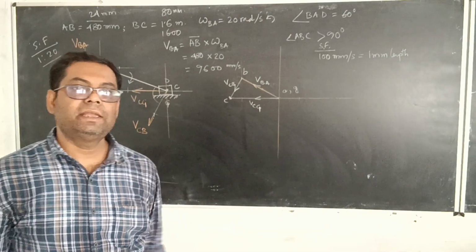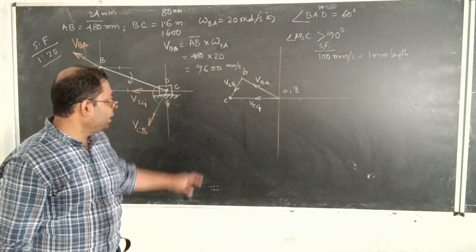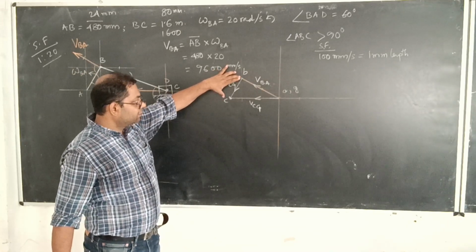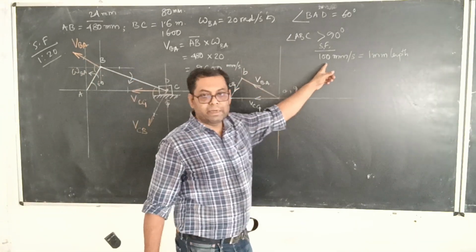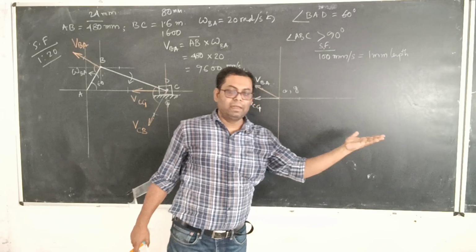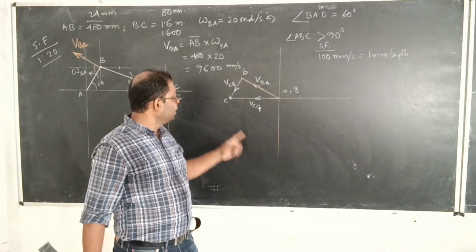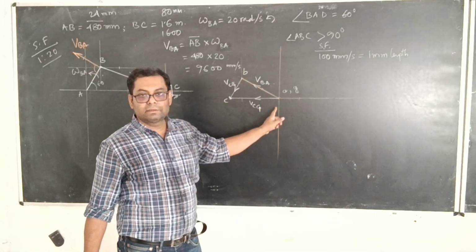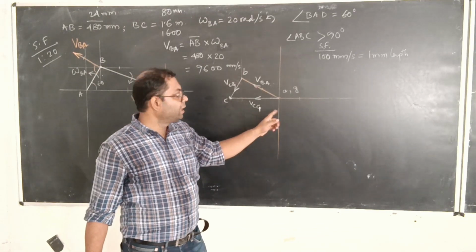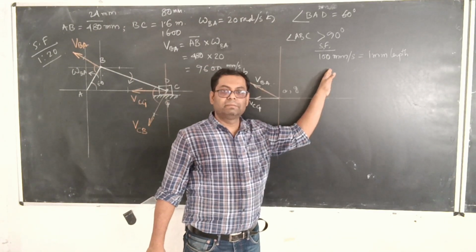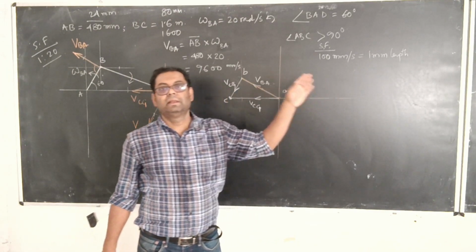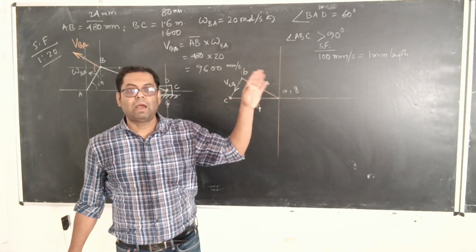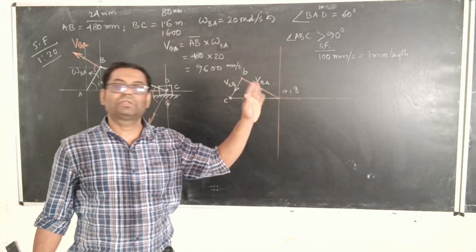Now the next method is simple. You measure this length and multiply with 100. You will get the actual value of velocity. Again you measure this length using your scale and multiply with 100. Because in this particular problem, our scaling factor is 1:100.